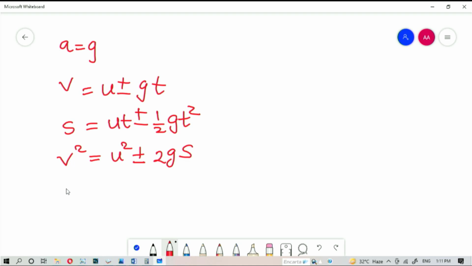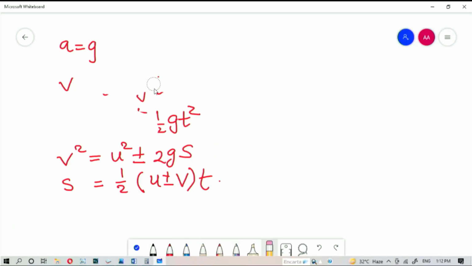Then lastly, we have s equal to 1/2 into bracket u plus or minus v into t. So let us use these equations to solve simple problems under free fall acceleration.